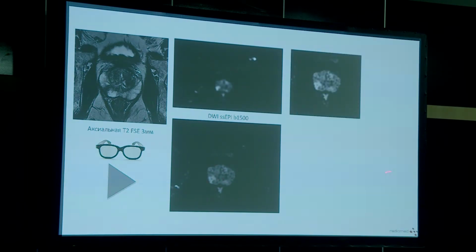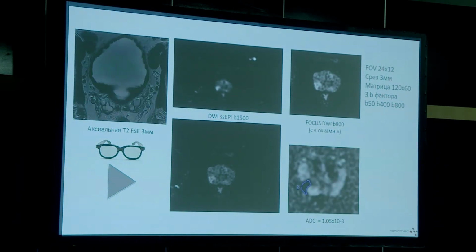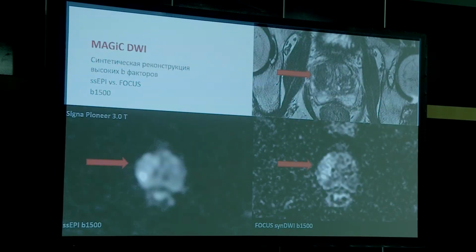And that's because this is a different technique. This is focus diffusion, and again you can compare side by side. Single shot epi over focus, much higher spatial resolution, better delineation of that lesion, even though it has less signal. It's again only B800 B value and a very good ADC calculation.